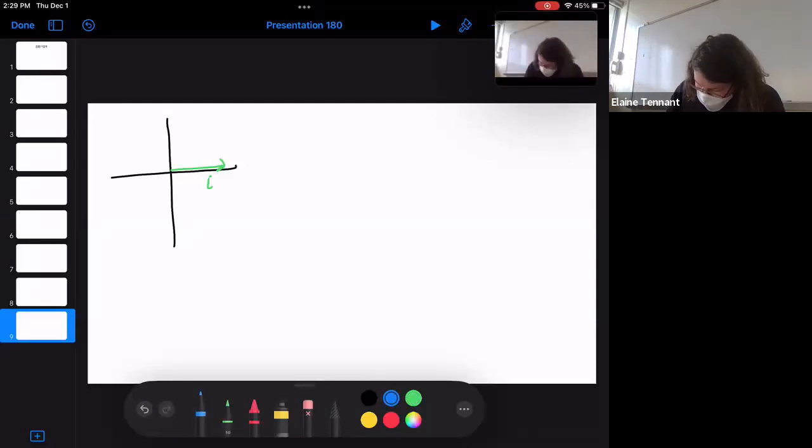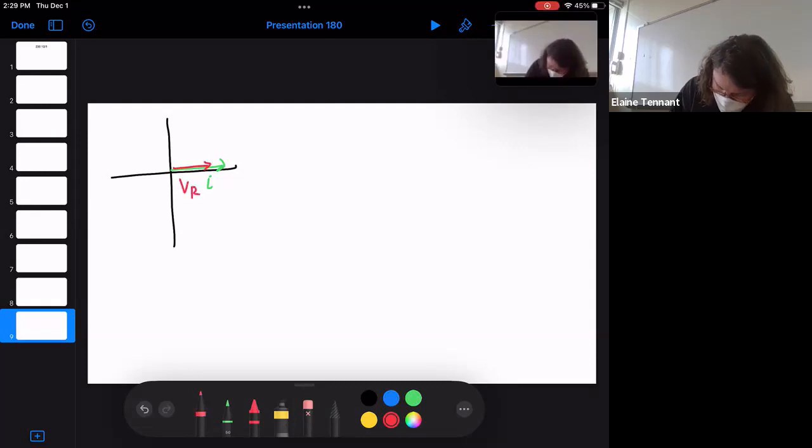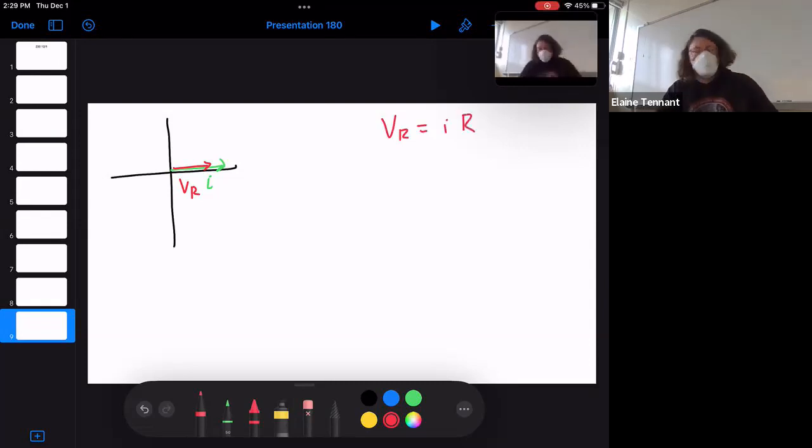So I will draw that in phase by just drawing it in the same direction as my current, where I'm going to remember the voltage of my current equals just I times R. The lengths of these lines don't really make a lot of difference between the current and the voltage, because those are different quantities. The directions matter more than that.